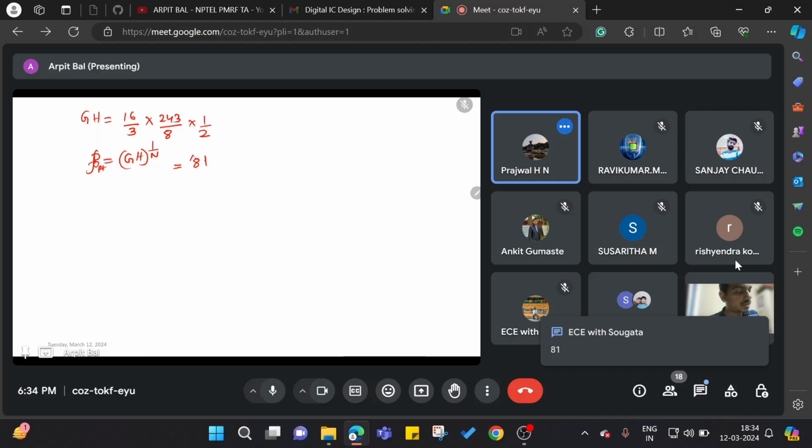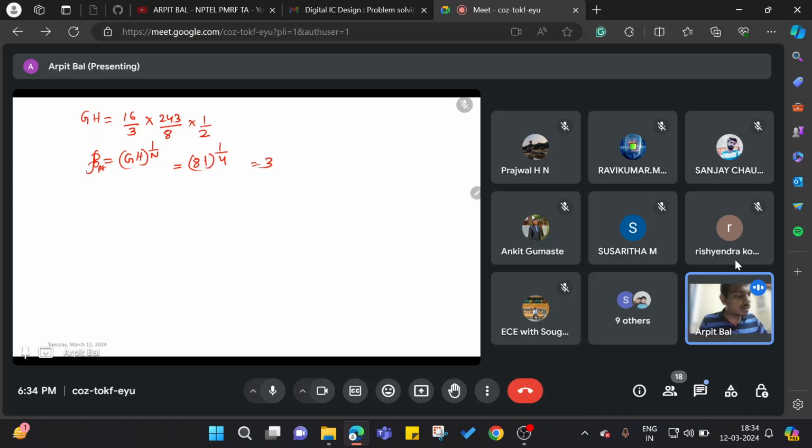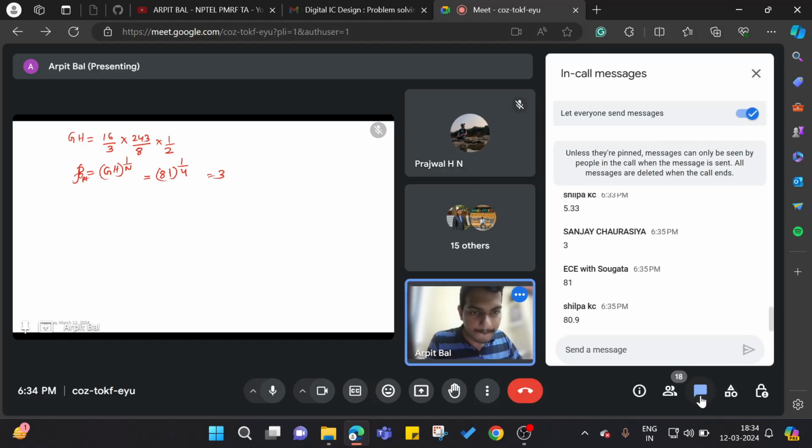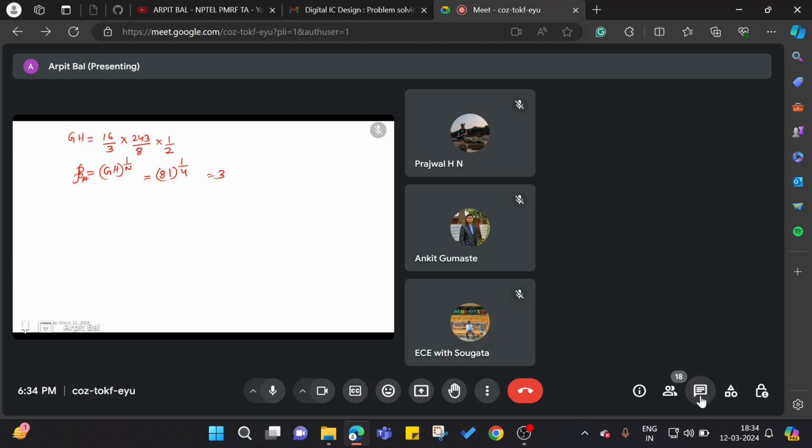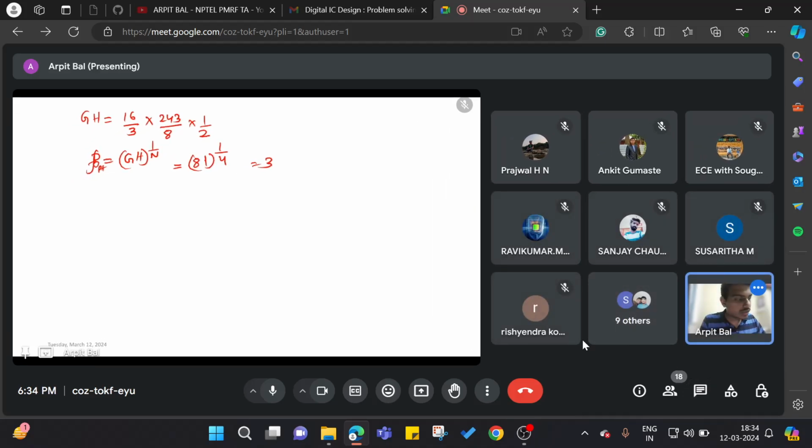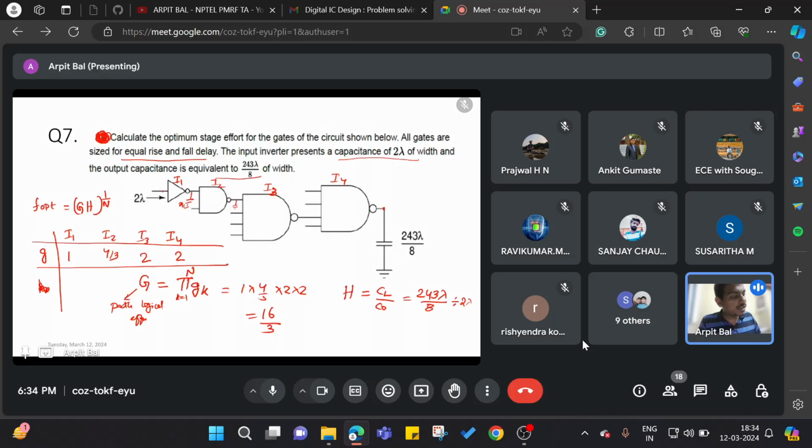So this is 81 to the power 1 by 4. That is 3. 80.9 is not the correct answer. It should be 3. So 3 is the optimum stage effort.